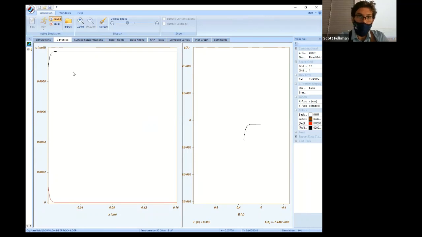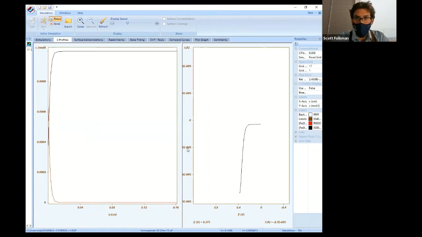In other words, the electron transfer is happening so rapidly that it's instantaneously reaching equilibrium at the electrode. As this anodic current flows, the iron 2+ is oxidized to iron 3+ at the electrode, and now we can see we have a little bit of iron 3+ evolving at the electrode.